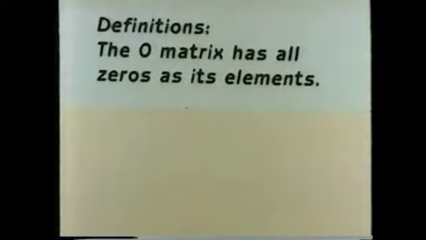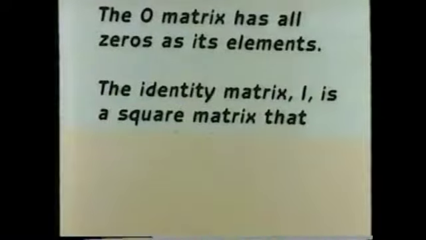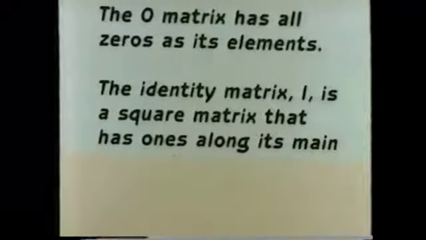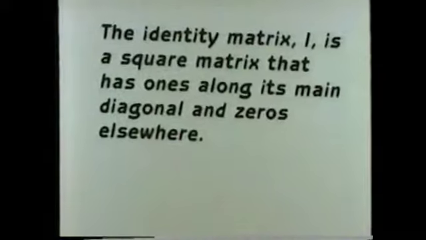We'll start with some basic definitions. The zero matrix has all zeros as its elements. So we could have a 2 by 3 zero matrix that had 2 rows and 3 columns, all consisting of zeros. The identity matrix I is a square matrix that has 1s along its main diagonal and zeros elsewhere.